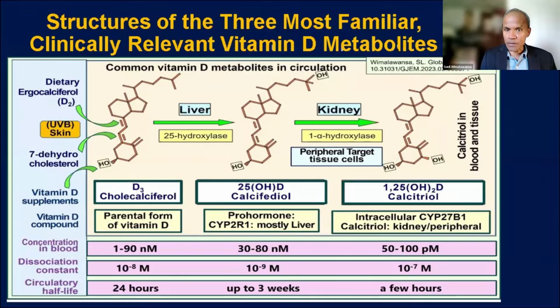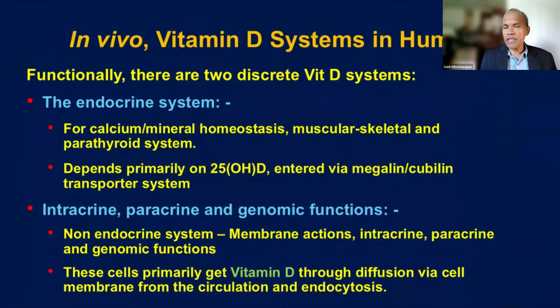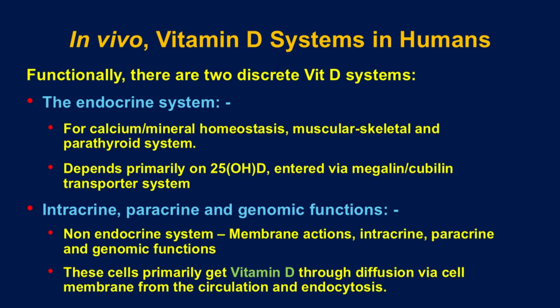This is one of the reasons that, no matter how much calcitriol you give, it is not capable of getting into peripheral target cells like immune cells. So giving calcitriol will have no benefit but causes side effects in these patients.